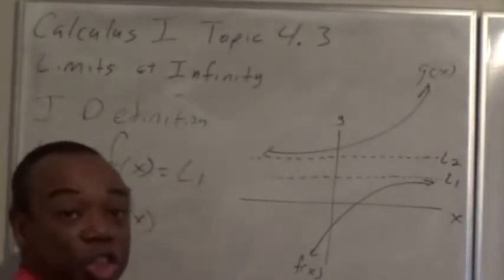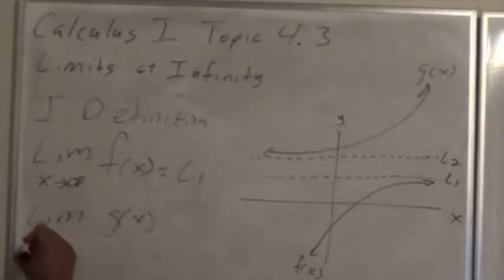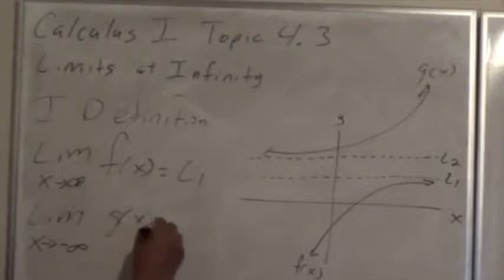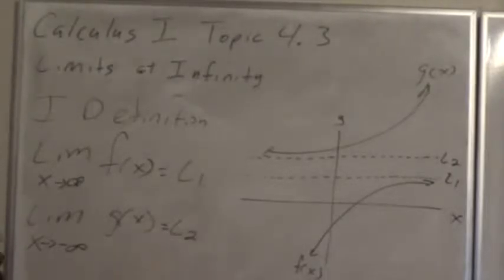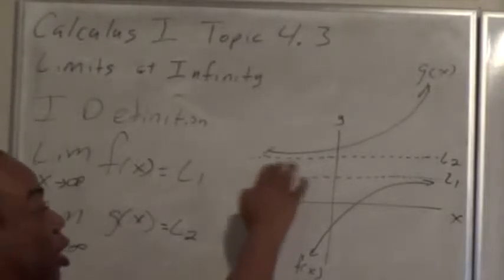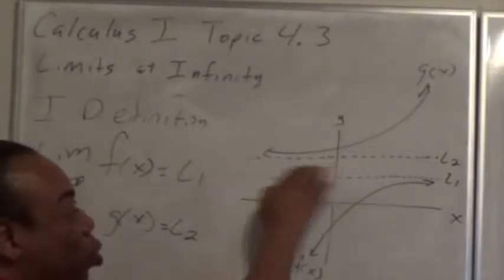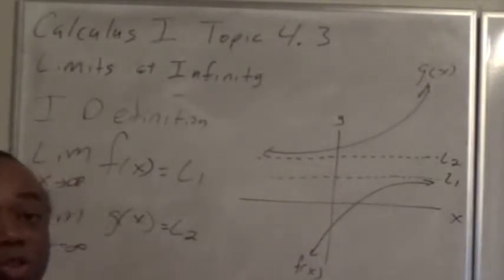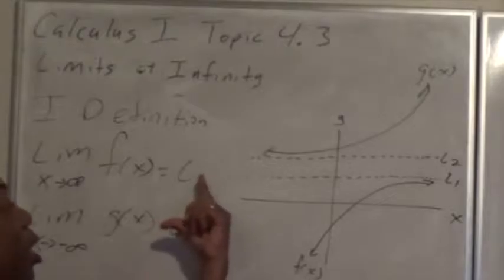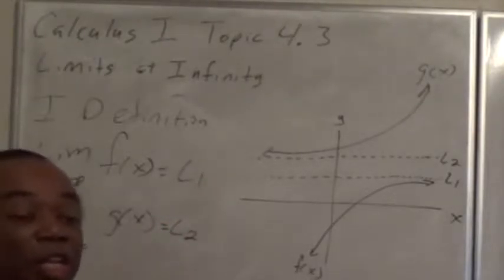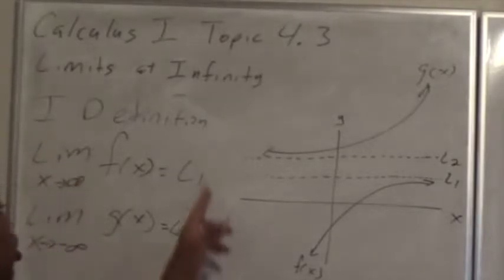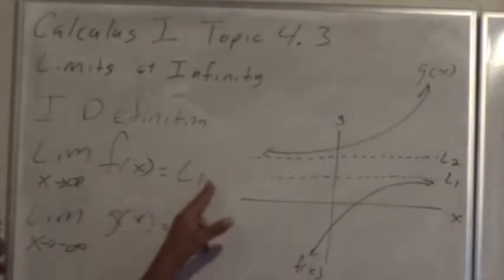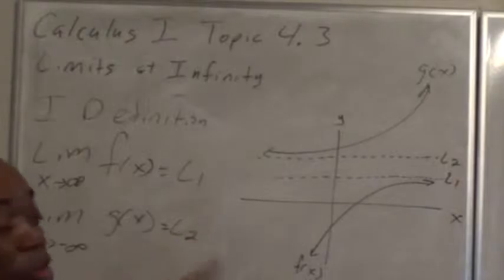So to describe g, we would say the limit as x approaches negative infinity has a value of L2, the horizontal asymptote that it's getting closer and closer to. So limits describe a unique value that the function is getting closer and closer to above any other values. So these actually have solutions that are considered limits.